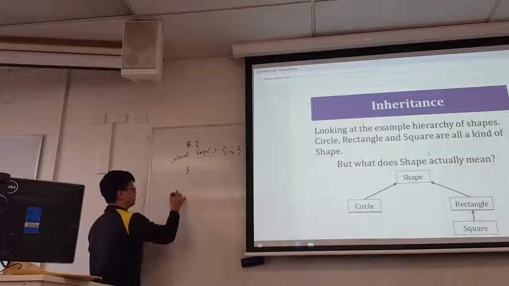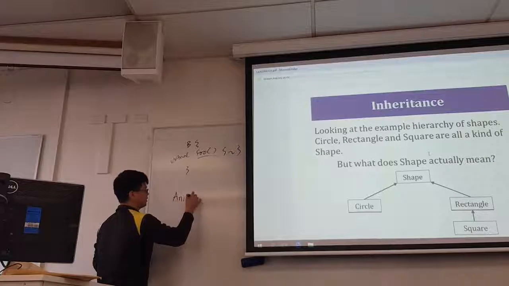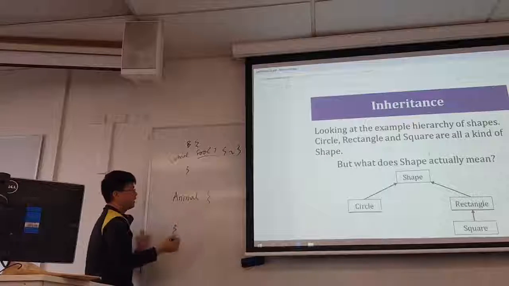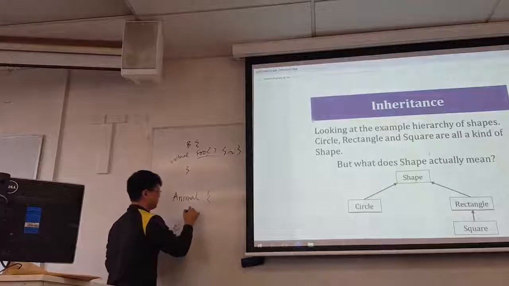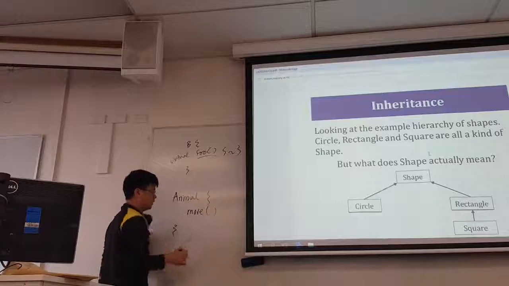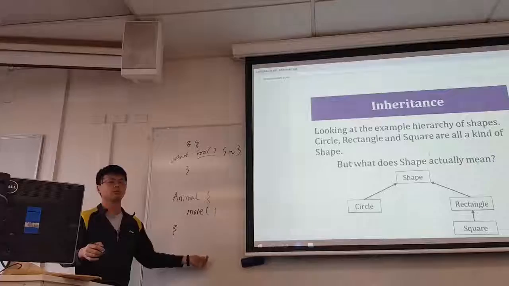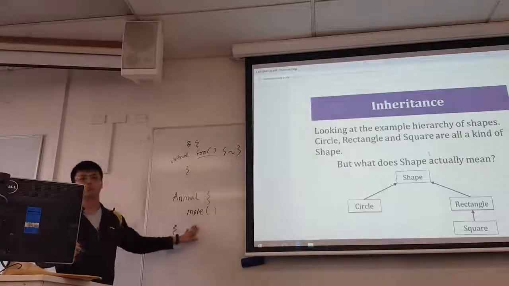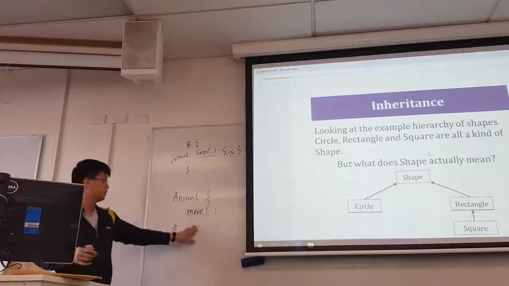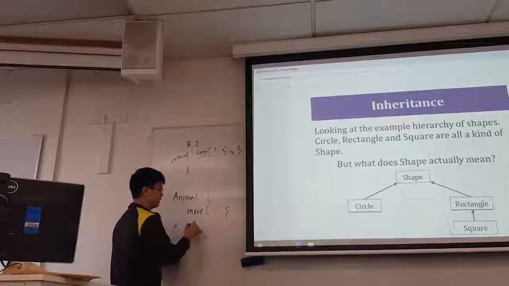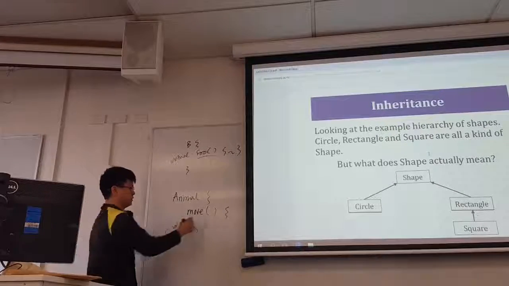For example, when we have an animal class, and we provide a function, all animals can move, right? But a dog moves in a different way to a bird, so we don't really know what will actually happen when we declare this. There is no way that we can implement something because it doesn't make sense.